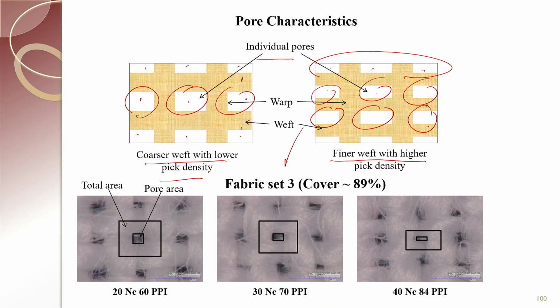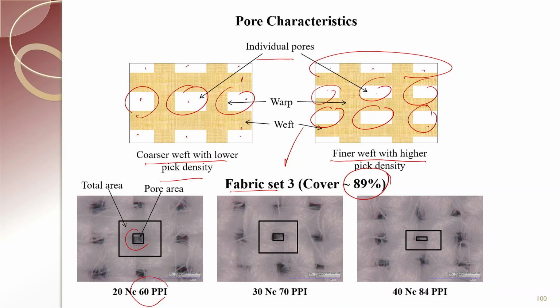Let us see the fabric structure here. Fabric cover for fabric set 3, 89% coverage is there with the 20s count, coarser count with 60 peaks per inch. Here the number of pores is smaller and the size larger.